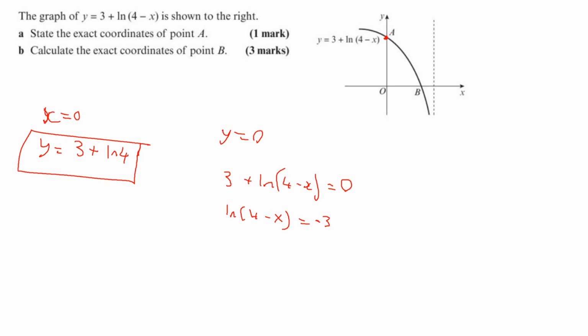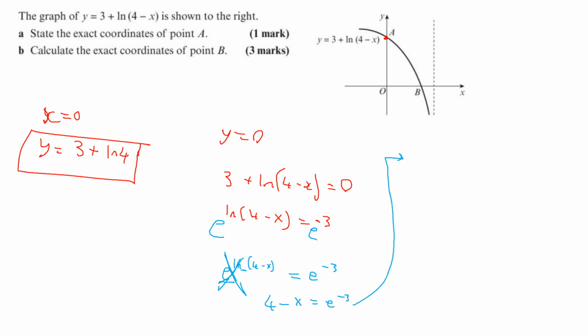And remember what I said before. How did we take it out of the logs? We have to put the base to the power of both sides. So this is e to the power of ln of 4 minus x is equal to e to the power of minus 3. And then because these two have the same base, we cancel out the log. So this is 4 minus x is equal to e to the minus 3.